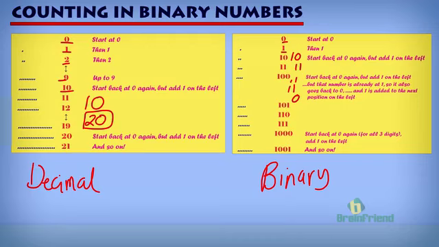Again, we'll find that it's a full circle. We'll put down 0, and then we take 1 over. So after 1 and 1, the next number we have is 1, 0, 0. We add 1 to our 1, 0, 0, and it becomes 1, 0, 1, and so on. That is how counting is done in the binary number system.